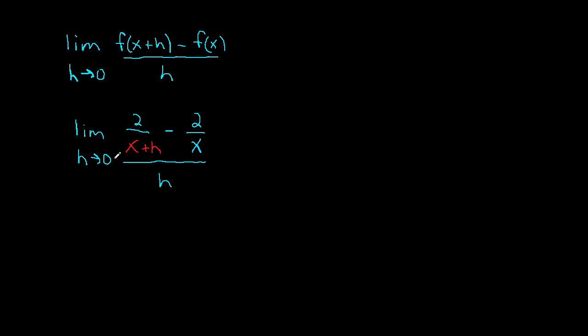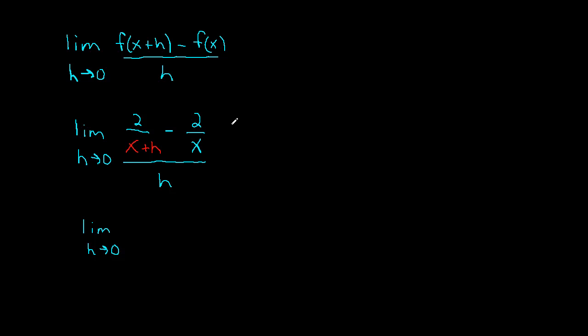Okay, so you may try to evaluate this limit right now, and if you did that and you substituted 0 in for h here and here, you would get 0 over 0, and that's our indeterminate form that we know we have to change. Okay, so the way I'm going to change this is by dealing with these complex fractions.